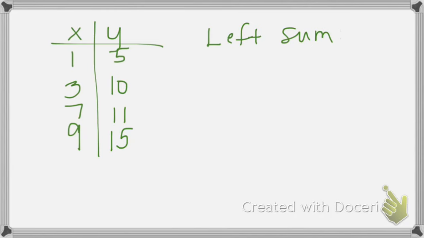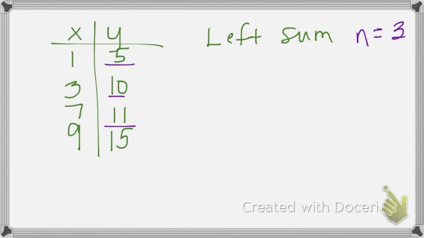Okay? So I'm coming from the left, which means I'm going to start with the 5, and I'm going to use that height, and that height. Which means n would have to equal what? 3.